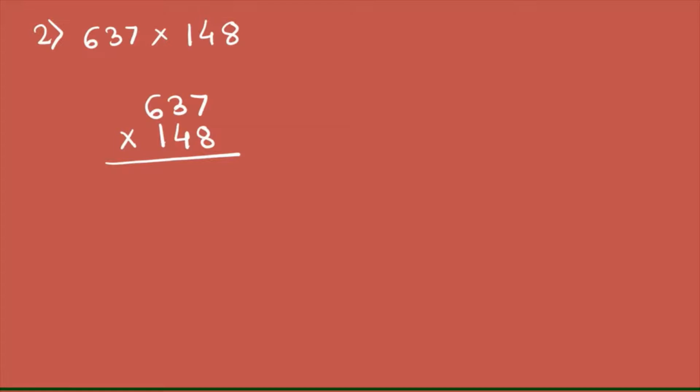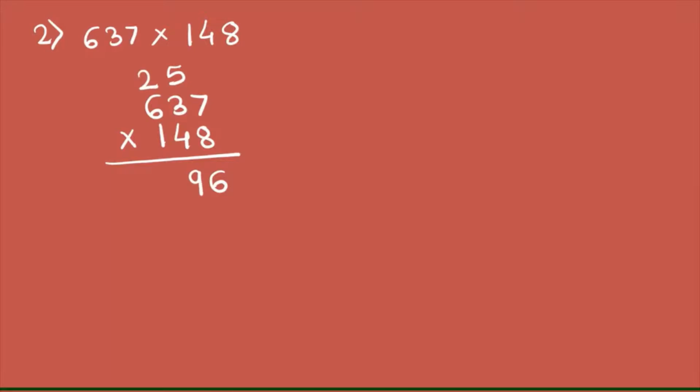So let's start. I start with 8 times 7, which is 56. So I write 6 here, I carry 5. 8 times 3 is 24. 24 plus 5 is 29. So I put here 9 and carry 2 here.